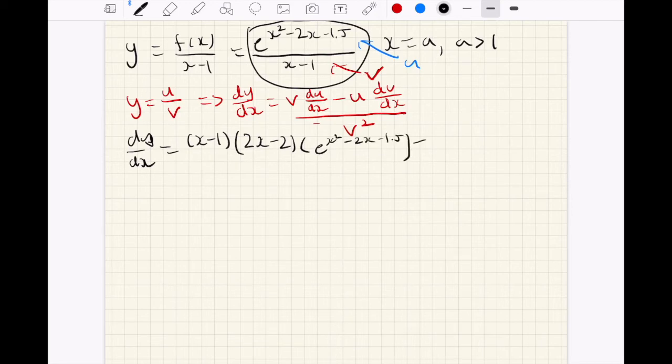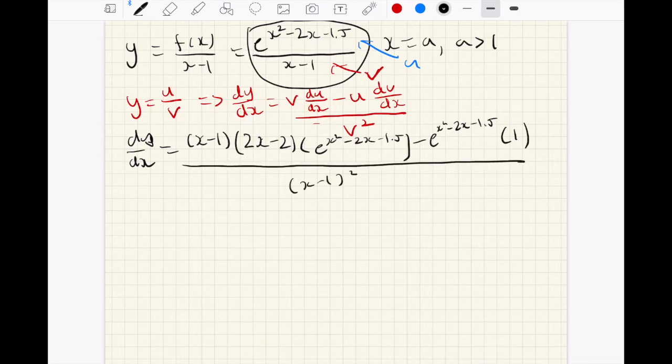And we subtract u, which is simply e to the power of x squared minus 2x minus 1.5, multiplied by the derivative of v with respect to x, the derivative of x minus 1, which is simply 1. Now we divide this over v squared, which is x minus 1 squared.